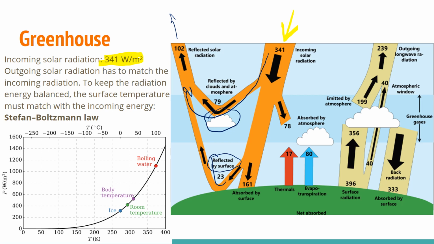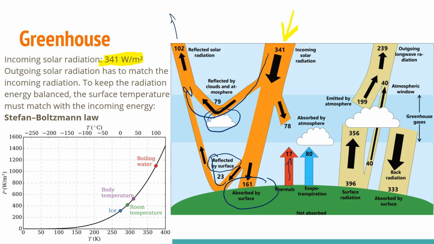So finally, there is 161 watt per square meter absorbed by the surface. Absorb means heating up the surface. And now the things get a little bit complicated. One part of that is thermally going into the atmosphere.